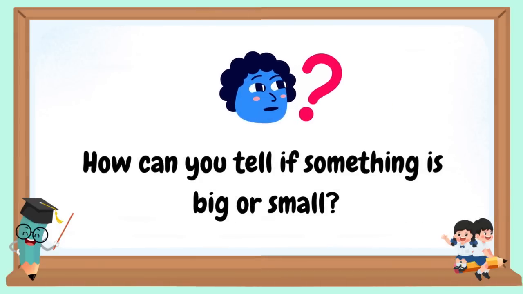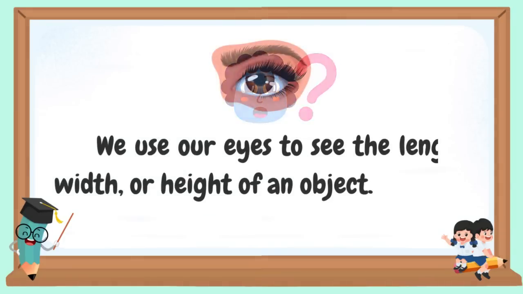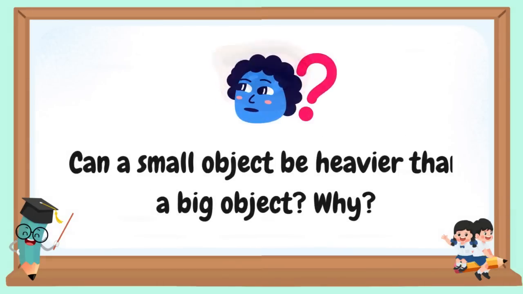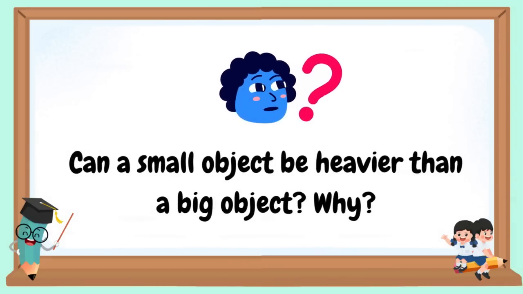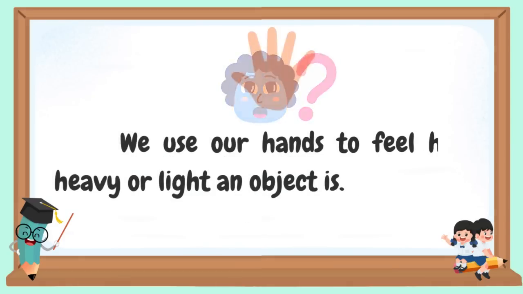How can you tell if something is big or small? We use our eyes to see the length, width, or height of an object. Can a small object be heavier than a big object? Why?